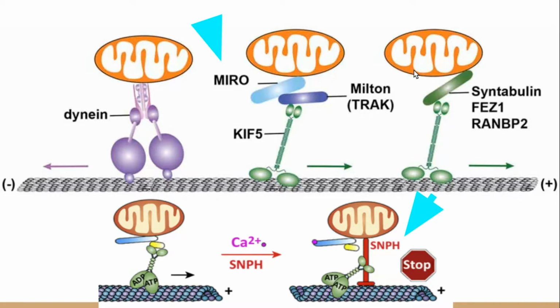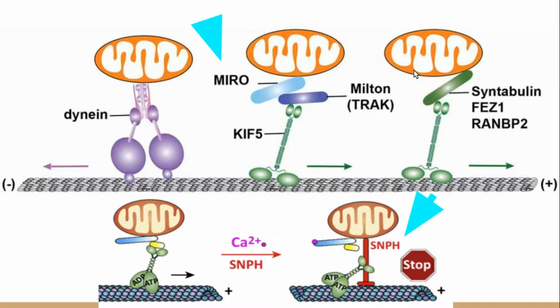And these findings have actually generated a lot of interest in neurodegenerative diseases because knocking out SNPH generates hypermotile mitochondria. And a common theme in many neurodegenerative diseases are immobile and dysfunctional mitochondria that struggle to reach synapses or dendritic spines.